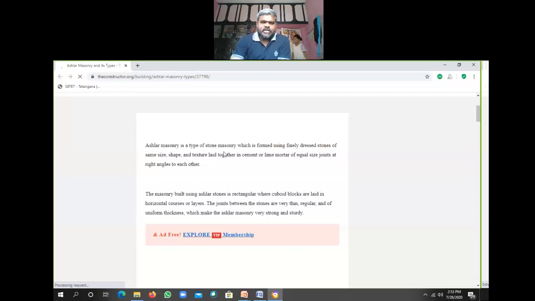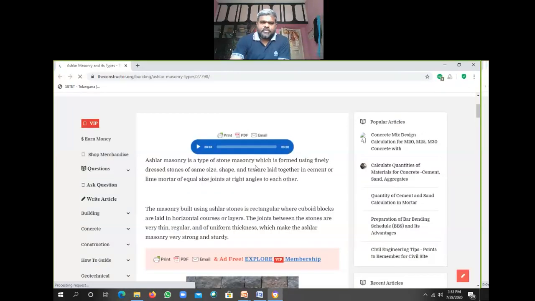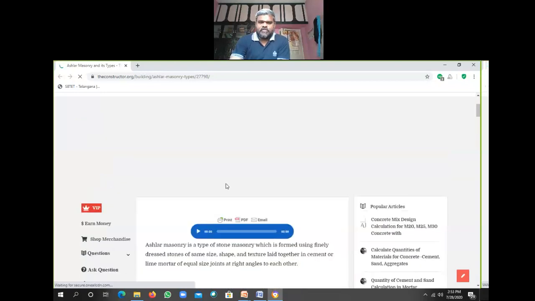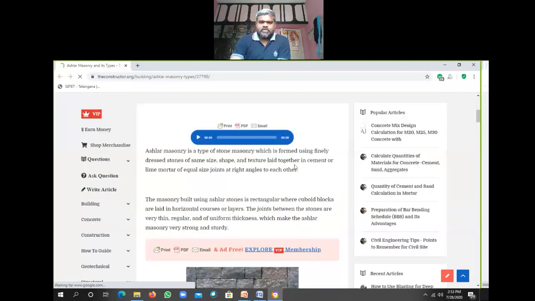Ashlar masonry is a type of stone masonry formed using finely dressed stones of the same size, shape and texture, laid together in cement mortar or lime mortar with joints of equal size at right angles to each other. The masonry is built using ashlar stones in rectangular or cuboid blocks.